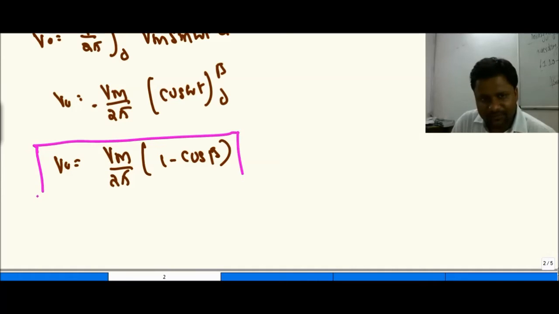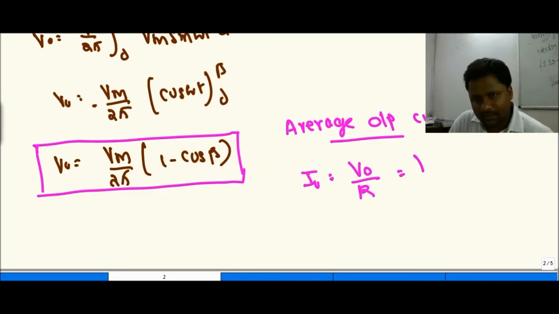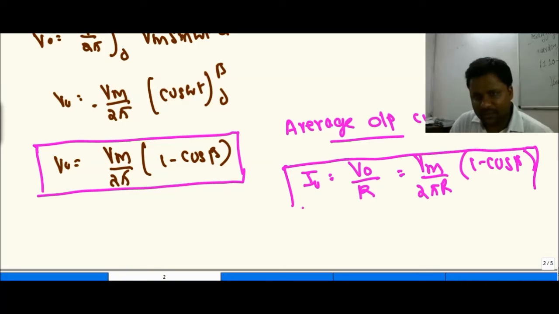This is the expression for the average output voltage, and the average output current is I naught equals V naught upon R. It should be Vm upon 2 pi R, 1 minus cos beta. This is the average output expression for this kind of wave.